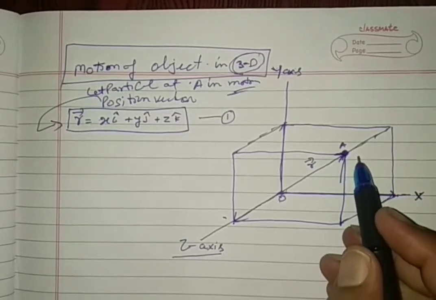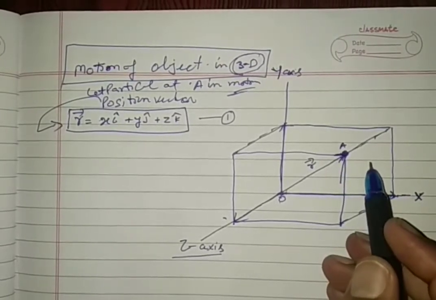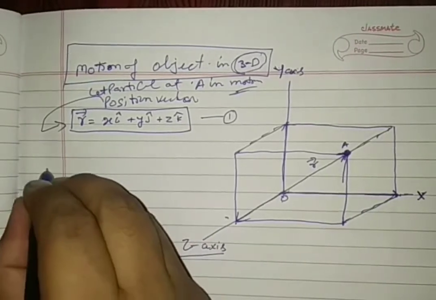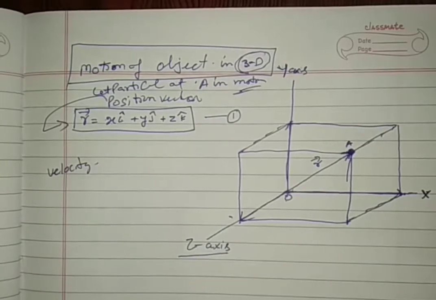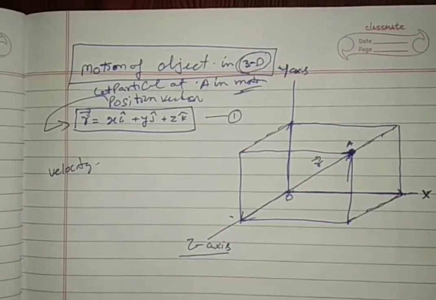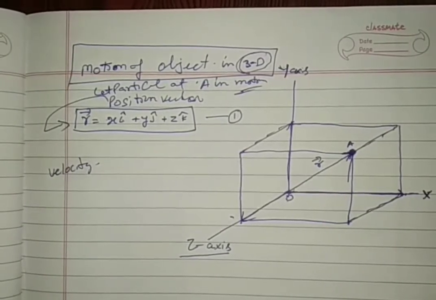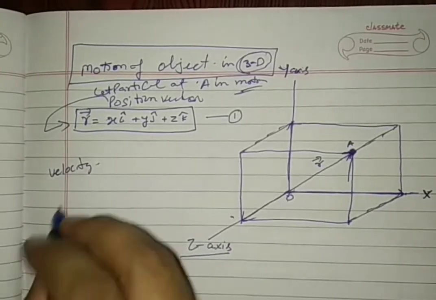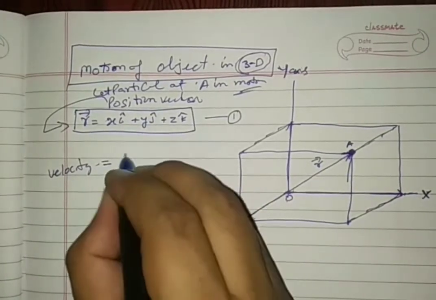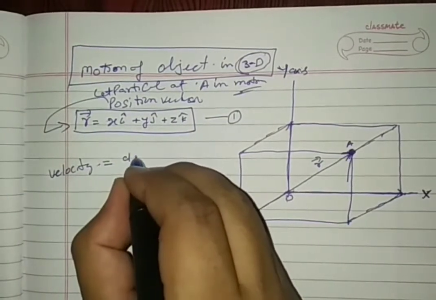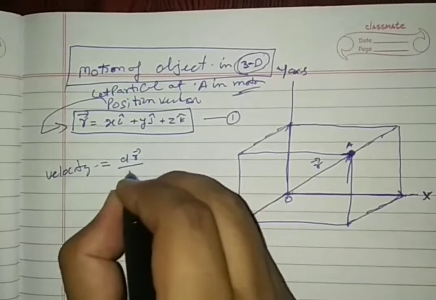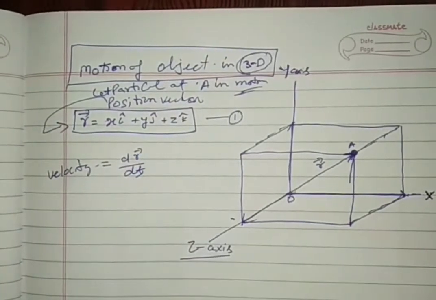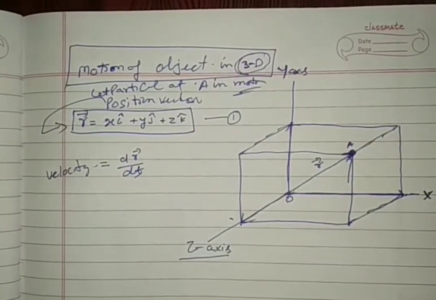Now if it is in motion, we want to see its velocity. See the concept of velocity in the case of a vector very carefully. Velocity is the rate of change of displacement with respect to time, the rate of change of position with respect to time.